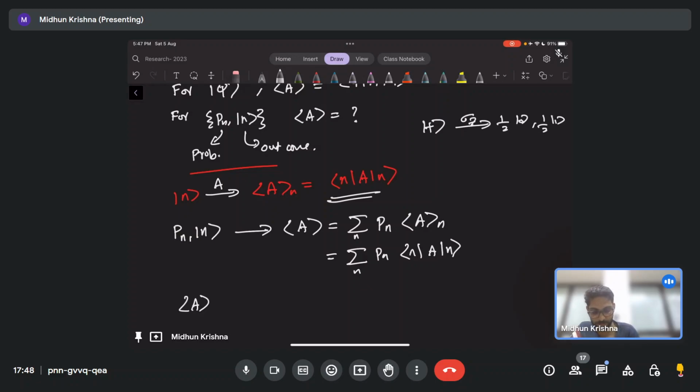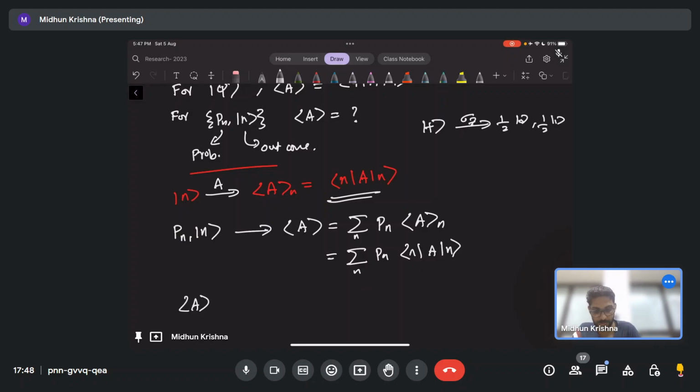If I do that, it will be n k. Then the sum over k, and the second identity I'll expand as k prime, k prime, and the state n. If I pull the summation outside, it will be the sum over n, k, k prime of Pn.